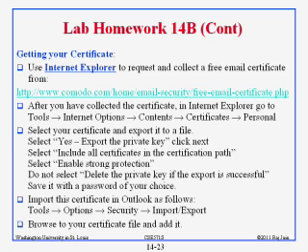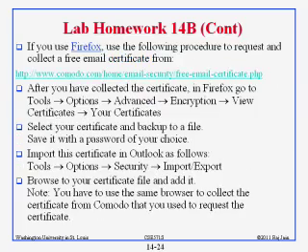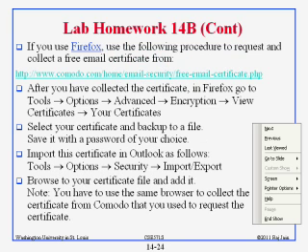That doesn't work. I didn't know that until I got into that trouble. So you have to go through the same system that you went through to get it. There are detailed instructions which you can just follow if you have Firefox or Internet Explorer.